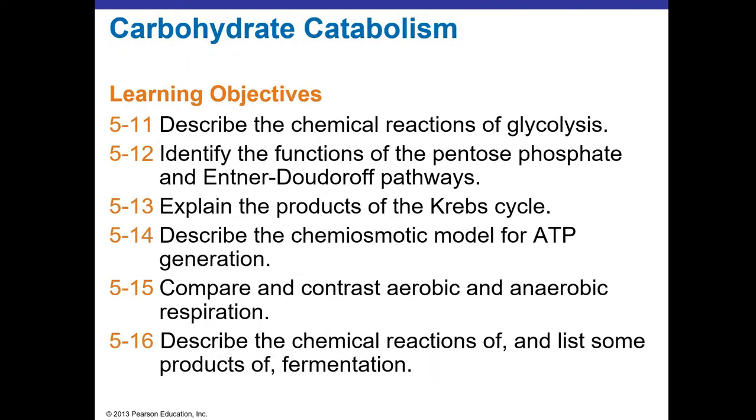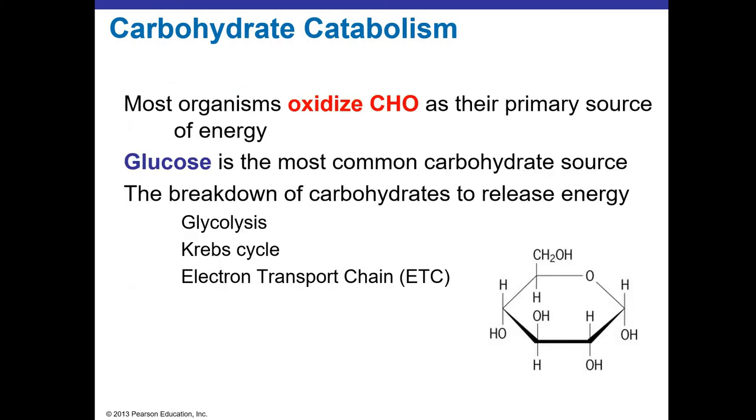As I said, we're going to focus on carbohydrate catabolism. All cells prefer carbohydrates as their energy source, so we'll take a look at glycolysis, the Krebs cycle, and the electron transport chain and see how all of that fits together. For most organisms, glucose is the preferred carbohydrate. And as I said, most organisms are going to keep oxidizing those carbohydrates until they get as much energy as possible out of them.